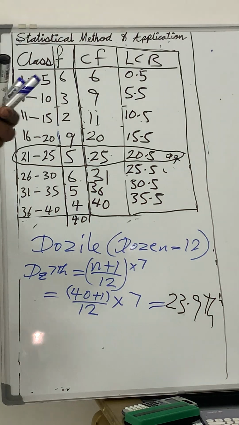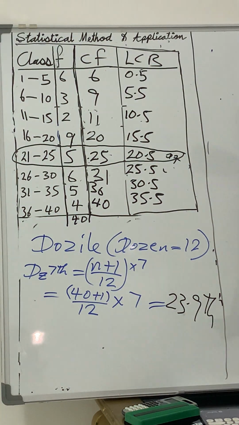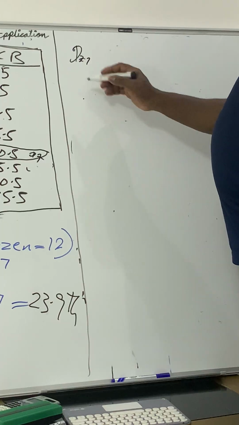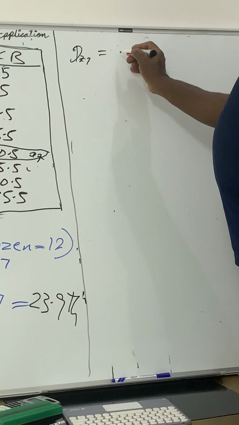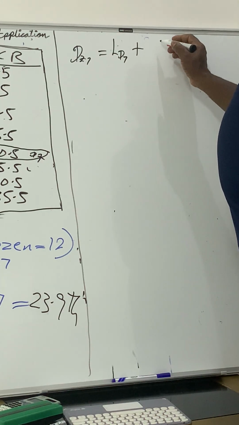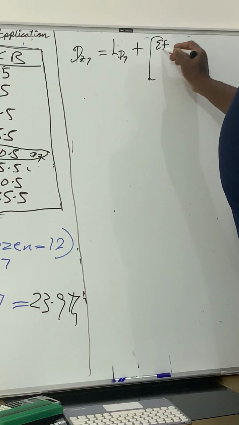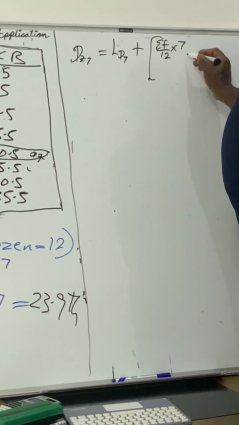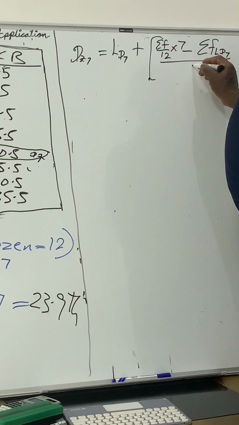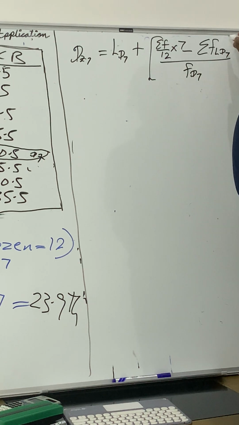Now, with the same pattern as the previous one that I asked you to watch in the previous video, D7, dozen 7 or Dozile 7, is the same thing as the lower class boundary in Dozile 7 plus summation of frequency over 12 times 7 minus summation of the frequency lower than Dozile 7, all over frequency in Dozile 7, multiplied by class interval.